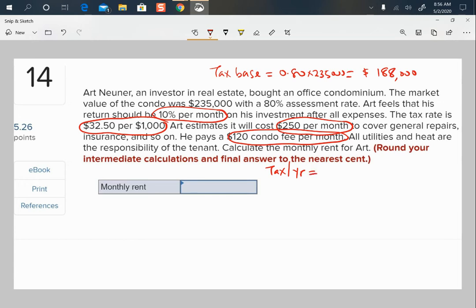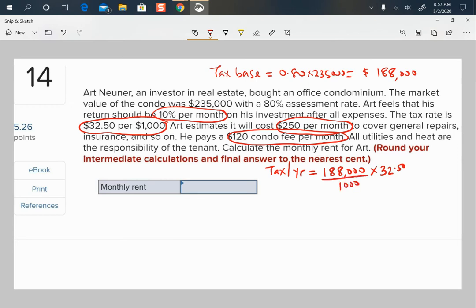The tax is based on $188,000. And we know that our tax rate is $32.50 for each $1,000, right? For each $1,000, we are charging $32.50. So this is what we mean by for each $1,000.